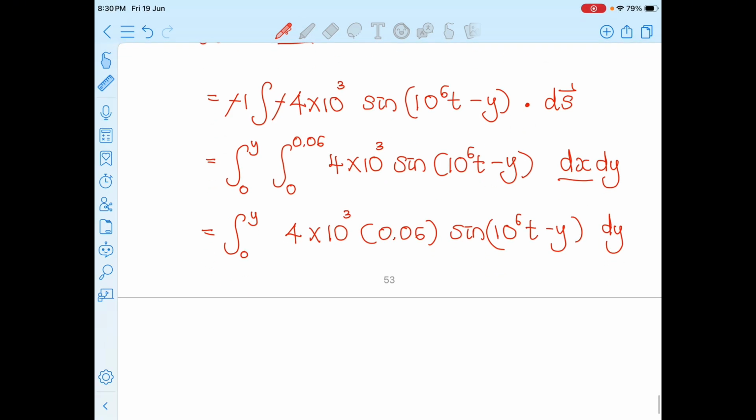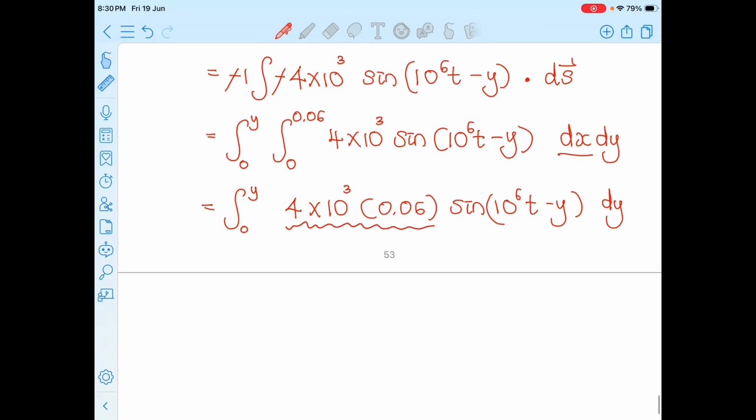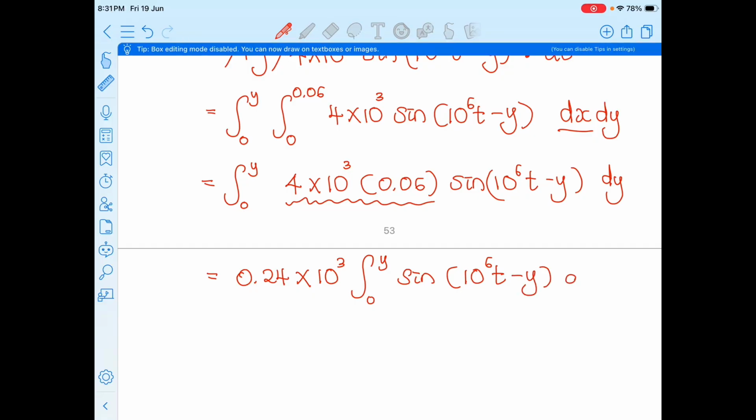We can combine this part, so straight away I combine it to be 0.24 multiply 10 power 3. I bring it out because it is a constant. Then I will integrate sin 10 power 6t minus y dy.